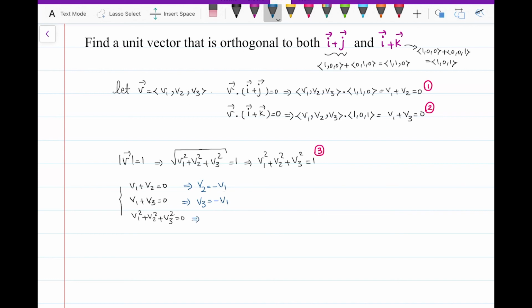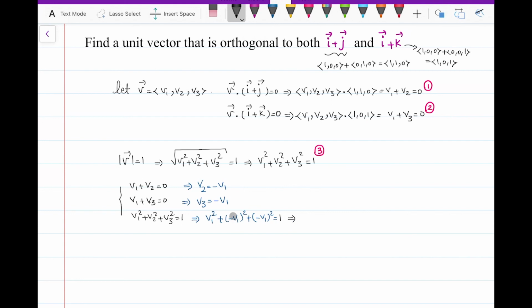So I'm gonna substitute v2 and v3 in the last equation. I'm gonna keep v1 squared. Instead of v2, I'm gonna write negative v1, squared. And then instead of v3, I have negative v1, squared. And, oops, not 0, it should be 1. This is my third equation, right? It should be 1. So, what do I have?